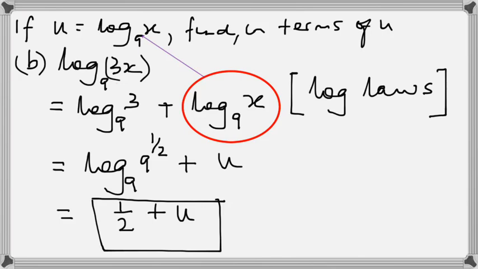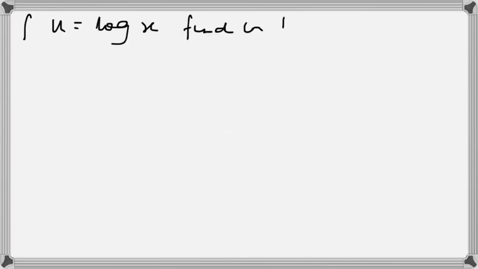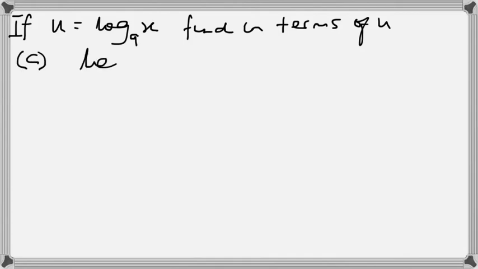Quite easy, really, when you just put one foot in front of the other and don't lose your cool. Now, here's the last part of this question. What have we got to do with this one? Okay, log of 81 to a base of x. I think I smell a change of base here because we've been dealing with base 9 so far.